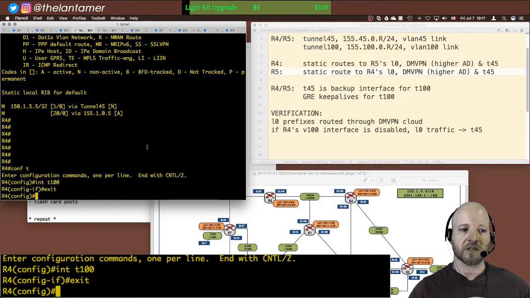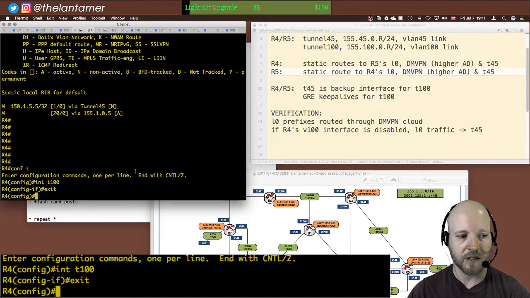That means the physical interface would have to be down. So if we bring the interface down, we should see the keep alive time expire. Tunnel 45 should come up across this link, and that's where the traffic should go.